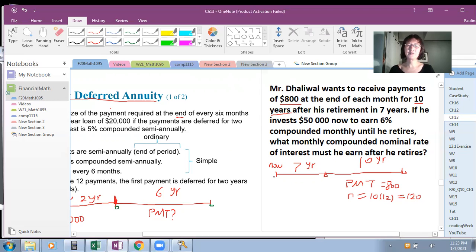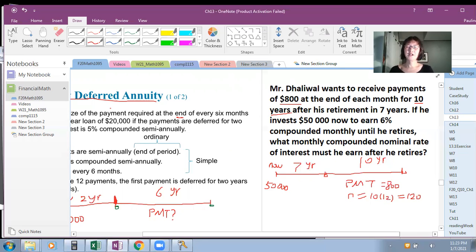So this is the annuity. And what happens for now? Now he invests 50,000 to earn interest.